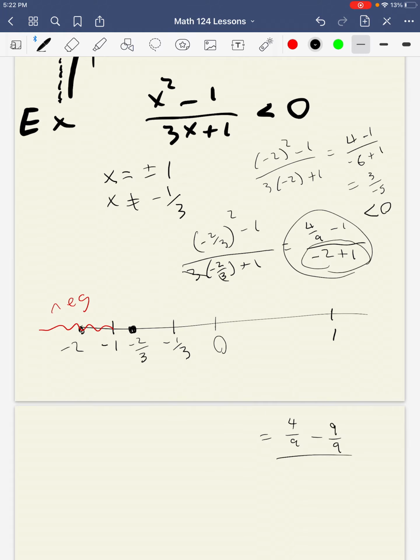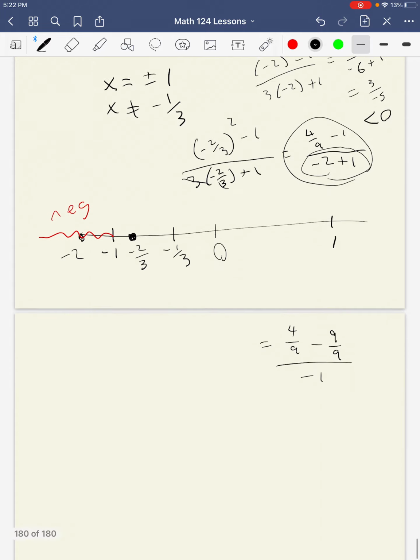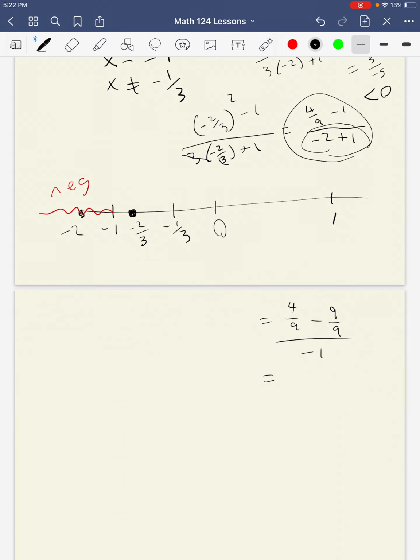The whole thing is -2 plus 1, which is -1. Right, so that's -5 over 9, over -1. So double negative, we end up being positive. And it doesn't really matter what the number equals, so I'll just leave it like that, because who cares? All right, this is positive.